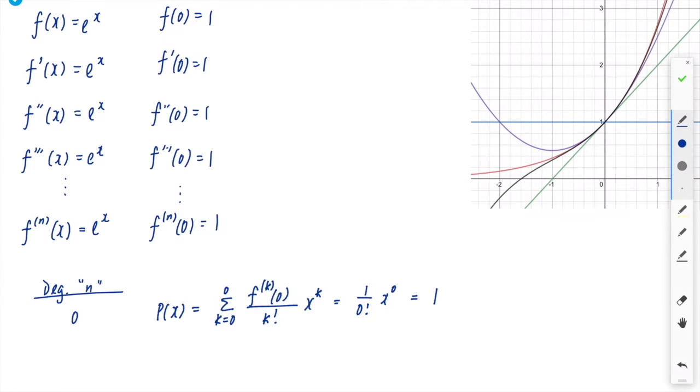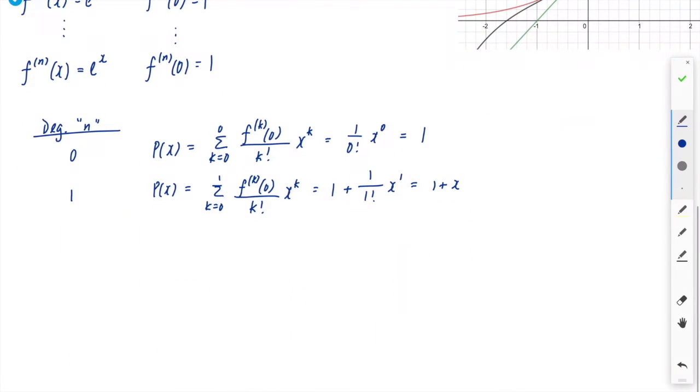Okay? And then the degree 1 polynomial, p of x. We have, starting from k equals 0 to 1, the general formula, the kth derivative of f at 0 over k factorial x to the k. So the first term is 1 plus, if k is 1, I have the first derivative at 0, which is 1, over 1 factorial x to the power of 1. So this is 1 plus x, okay?